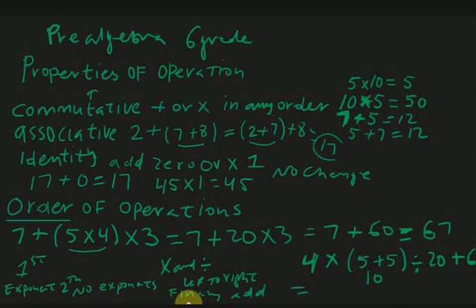So 5 plus 5 is 10. Now 10 times 4 is 40. Notice I did not add the 6 to the 20. So now I do the division, because multiplication and division come before you add or subtract. Now we have 40 divided by 20.